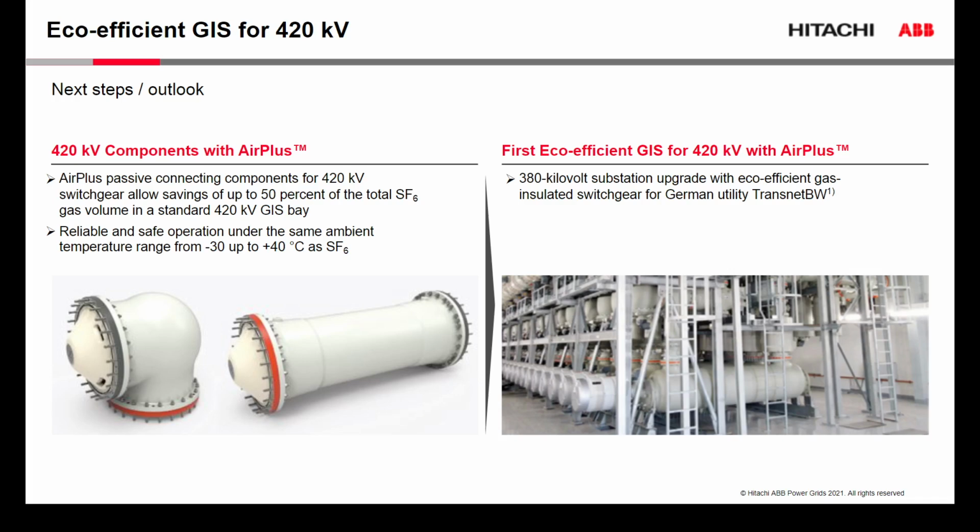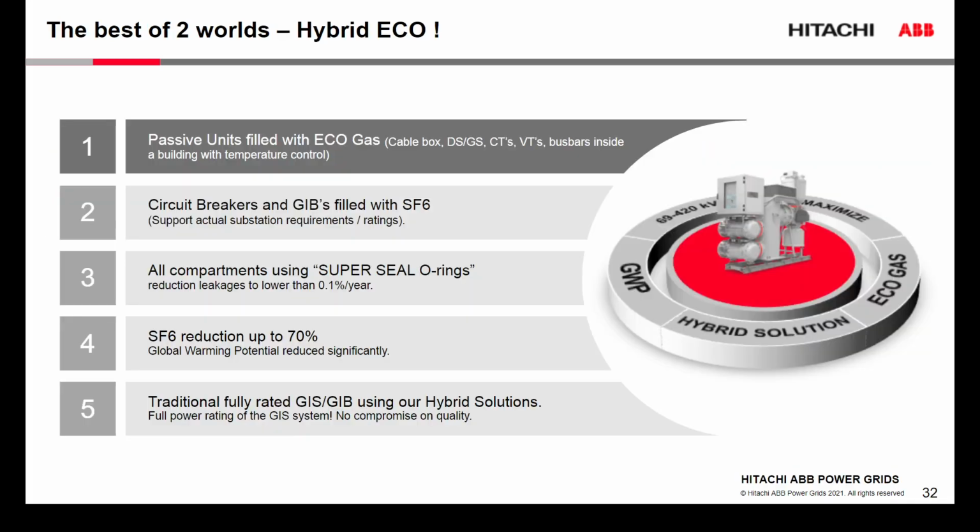The future idea is to reduce the SF6 in the entire GIS, as well in the circuit breakers and all active switching components within the equipment. Those are development steps which are ongoing. One of the ideas, for the 420 kV case, is the hybrid eco solution: having the circuit breaker still operating on SF6 while utilizing the AirPlus gas, the non-SF6 gas, in the components around the circuit breaker.